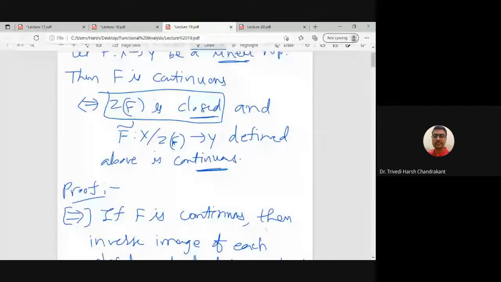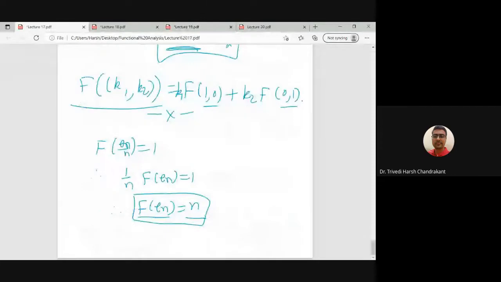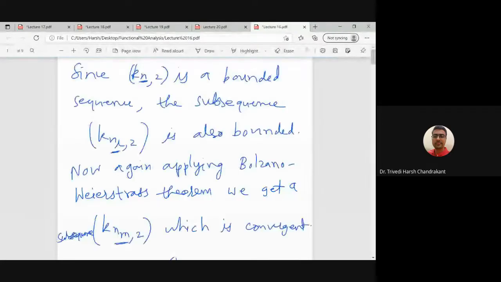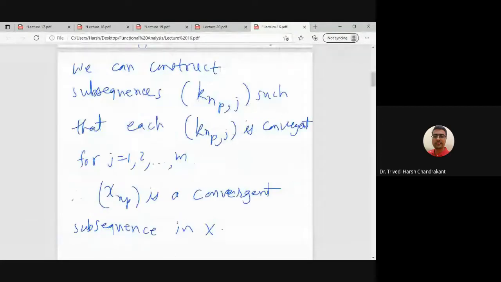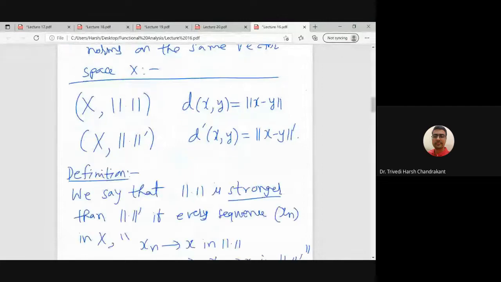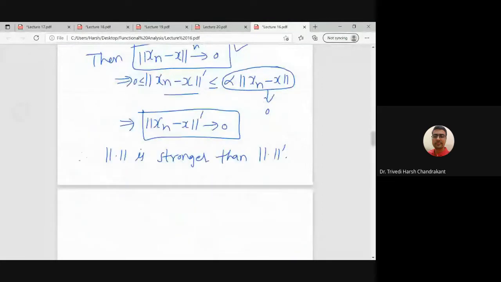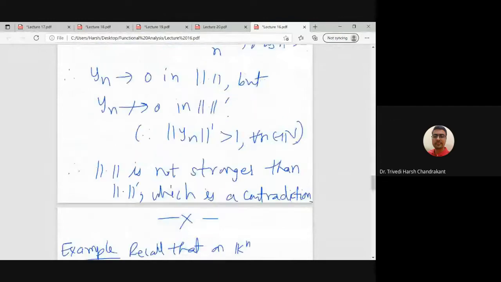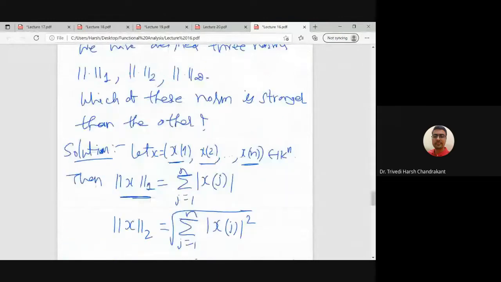If you remember, we discussed some equivalent conditions for convergence in the quotient space. I don't know in which lecture number I discussed that, so let me just check.